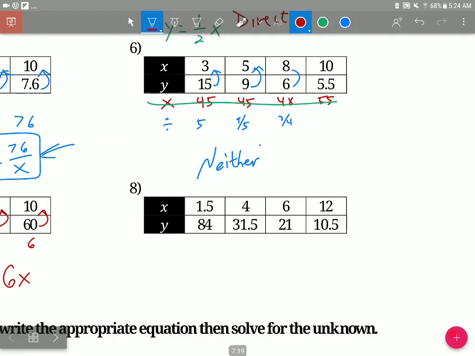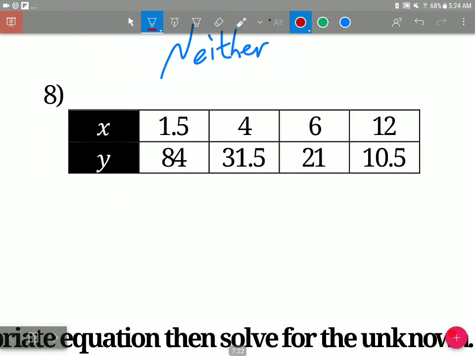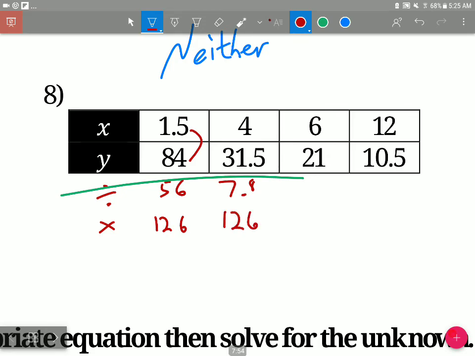Last but not least, number 8. Let's try division first. 84 divided by 1.5 is 56. 31.5 divided by 4 is 7.8, whatever. So, not going to work. So let's try multiplication. 84 times 1.5 is 126. 31.5 times 4 is also 126. 21 times 6 is 126.